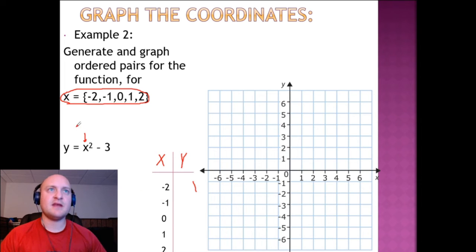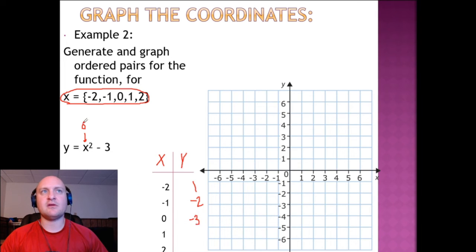Next, I'll put in -1, and I'll put that into the x value, square it, so -1 times itself is 1. 1 minus 3 is -2. And I'll do this once more for each of the other 3 values. I'll put 0 in. 0 squared is 0, minus 3 is -3.